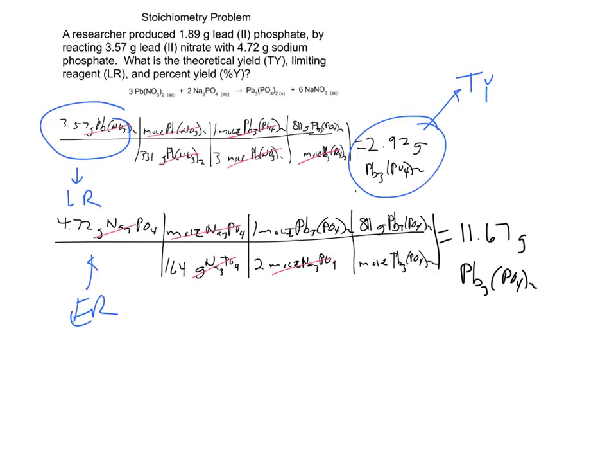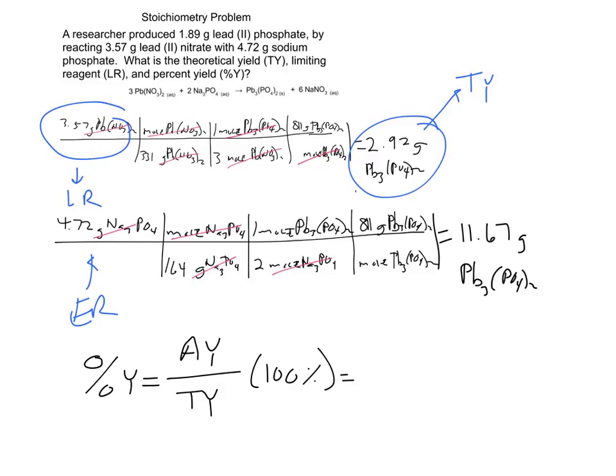To determine the percent yield, you're going to take the actual yield, AY, which is found in the word problem, divide it by the theoretical yield, which you actually calculated, times 100%.